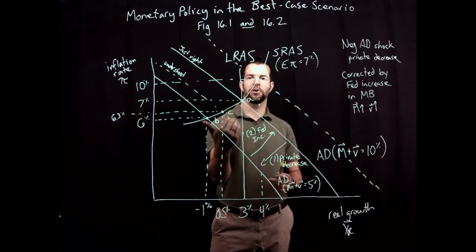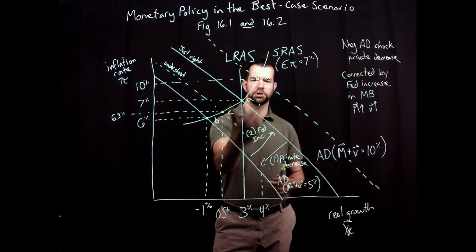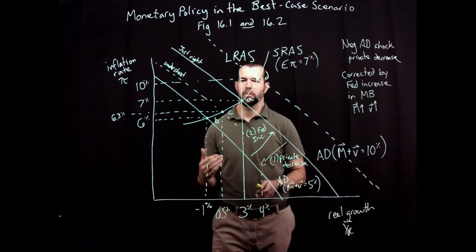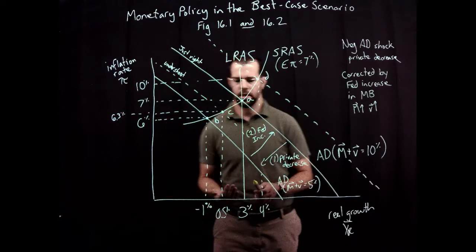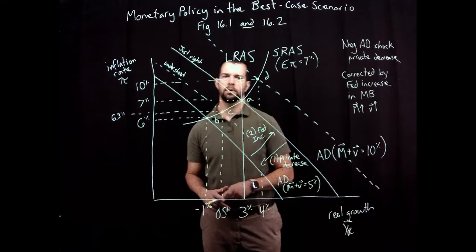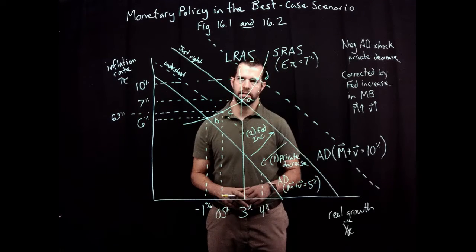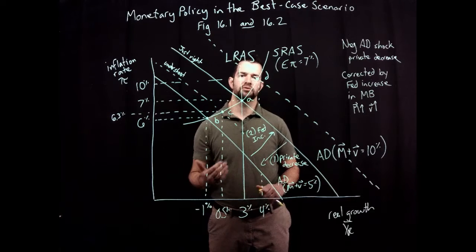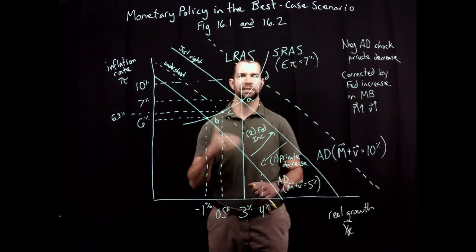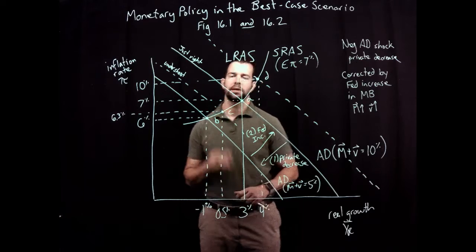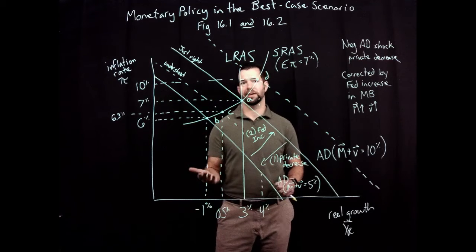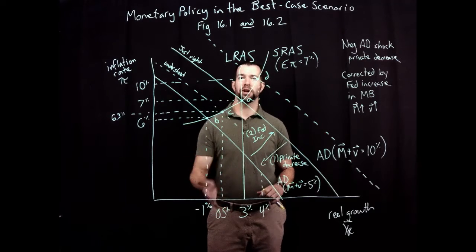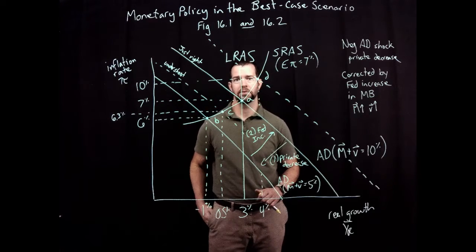There are so many other ways in which it can undershoot and overshoot its monetary policy that chances are we're going to have weaker than targeted growth or higher than targeted inflation. And so even in the best case scenario, the Federal Reserve Bank's job at monetary policy is not easy to accomplish. In the next video, we're going to talk about how the Fed would react in the worst case scenario, which is when you have a real shock, a shift left of the aggregate demand curve. So, thank you.